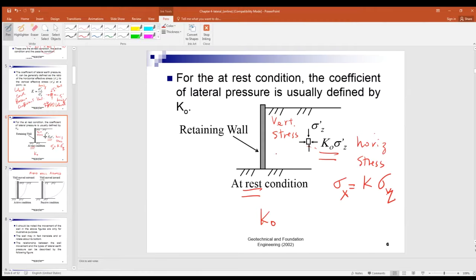For any vertical stress, if it is at rest, the horizontal or lateral stress will be equal to k naught times the vertical stress. Because we are very interested in the lateral earth pressure, you have to calculate sigma x.